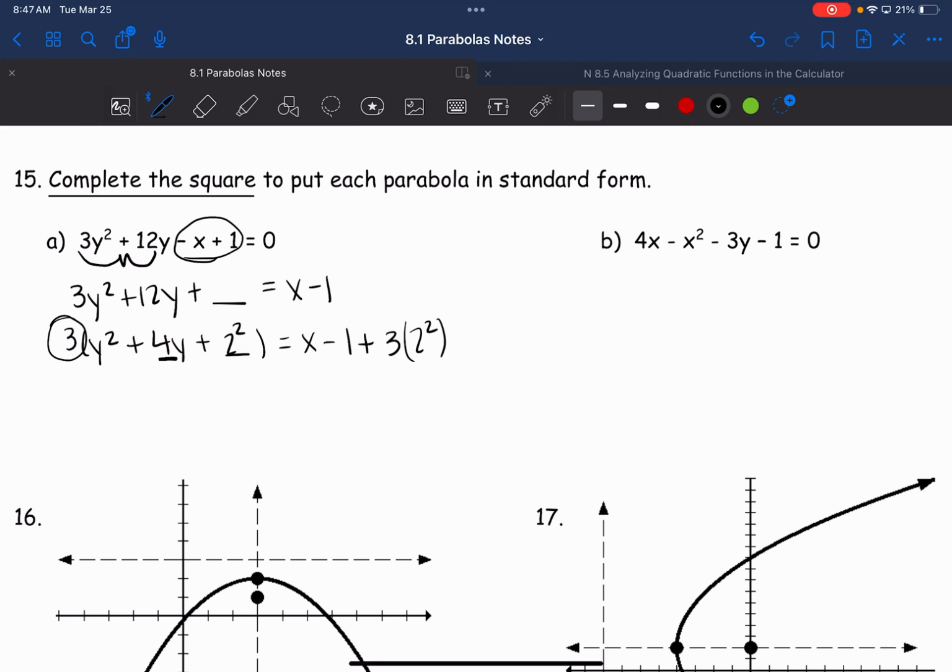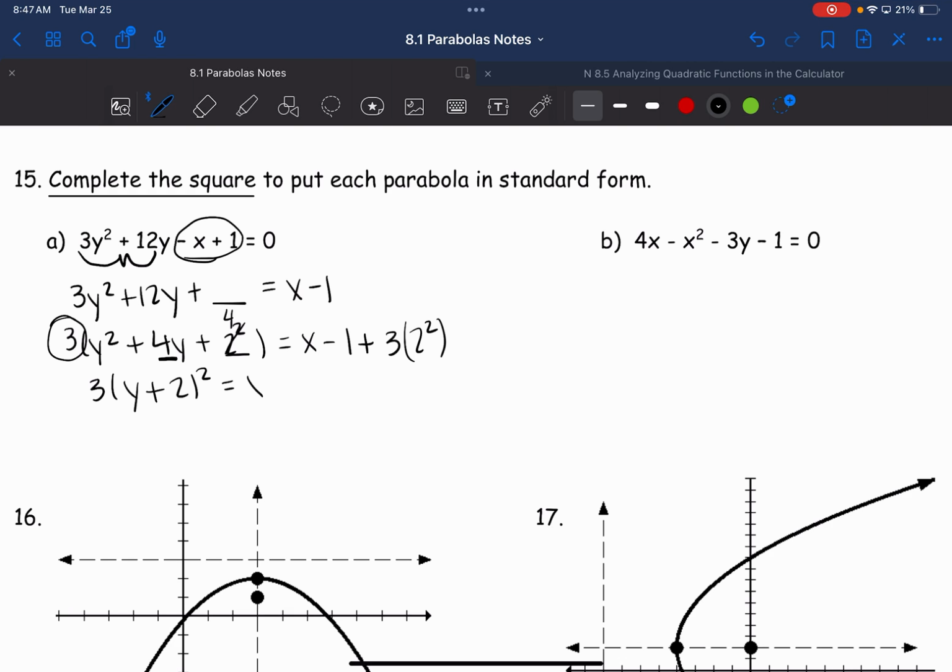Okay, the whole reason you do that is because now this is something that we can factor, right? And this is the same thing as a 4 here, right? So I could rewrite this as y plus 2 quantity squared now. Don't forget, we do still have that 3 out in front.